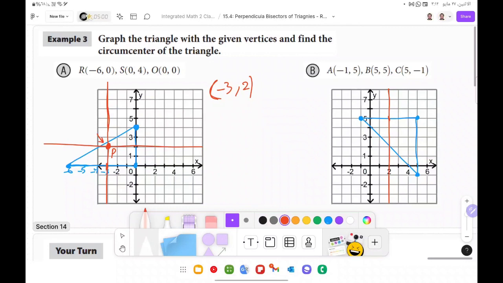Do the same thing to the other side. So 1 2 3 4 5 6, so it's 6, so the half of 6 is 3, so count 3 steps, 1 2 3, so 3 should be here. Now draw a straight line like this. Now here should be my circumcenter. What is the coordinate for that point here? It's 2 and 2.